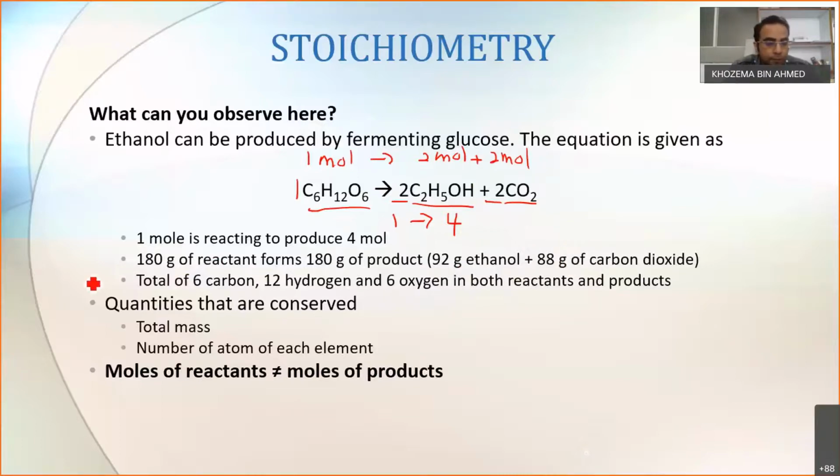If you are not sure about this, you can go and try to change from 180 gram to mole, and then use your stoichiometric coefficient and stoichiometric ratio to find the actual number of mole of ethanol produced and the number of mole of CO2 produced.